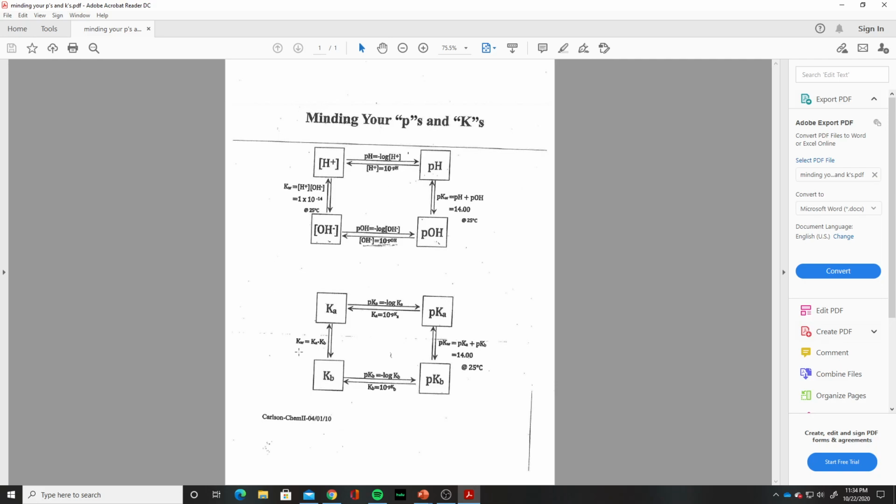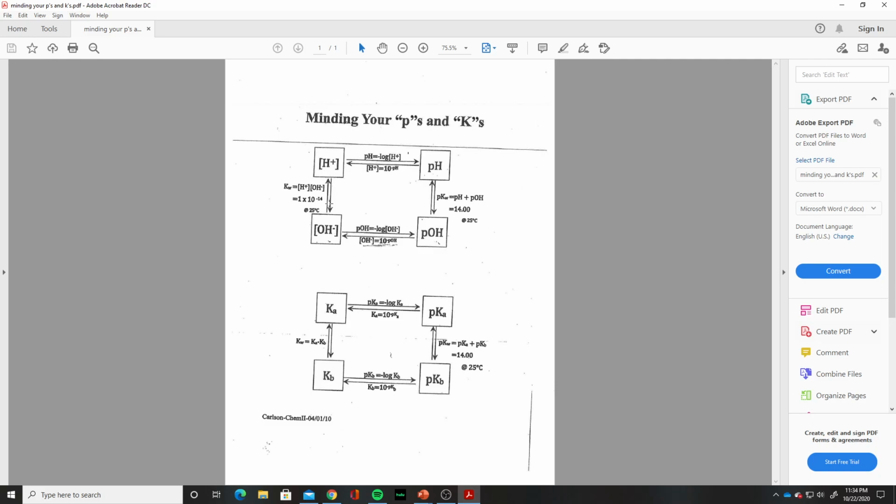I'm going to give you this, and I apologize for the very poor quality of this. It's a scan of a scan, which quality degrades every time you scan it, but this is what's called the Minding Your P's and K's cheat sheet is what I call it. And it just shows you how to interconvert between different things, specifically related to acids and bases.